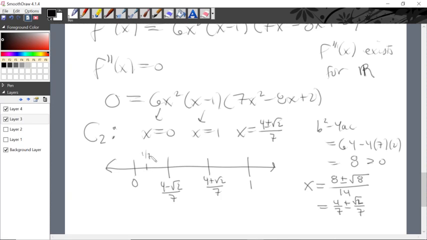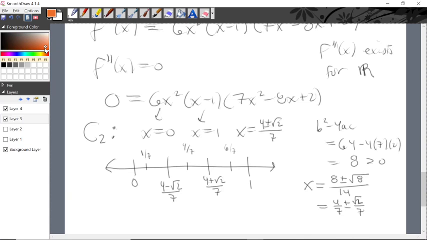A potential test value would be 1/7, and that would be fine. Something between these two numbers would certainly be right in the middle, 4/7. That would be between the two. 4 plus root 2 is about 5.4 over 7. Well, certainly 6/7 is more than that.